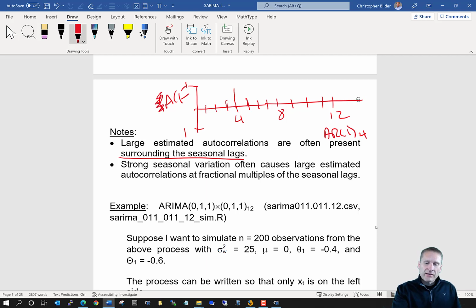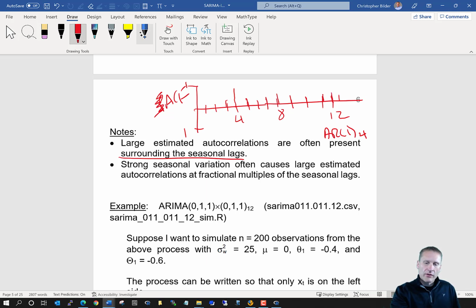If I had an ACF plot for this same model, we would expect that these autocorrelations would tail off to 0 in terms of multiples of a season of 4. And so I wouldn't be surprised to see something like this. Unfortunately, I made my tick marks too small, where it should be at lag 12.